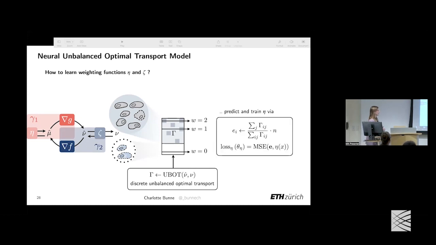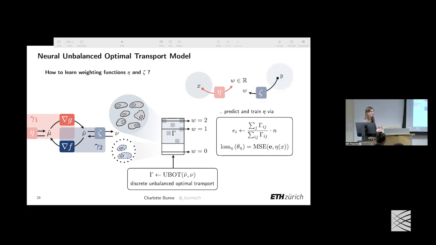This value, summing over the rows of this coupling, allows us to learn another neural network, eta, which tries to match the sum over these rows. Eta and zeta are then functions which map from our space to a single value in R, a weight for both perturbed and unperturbed states.